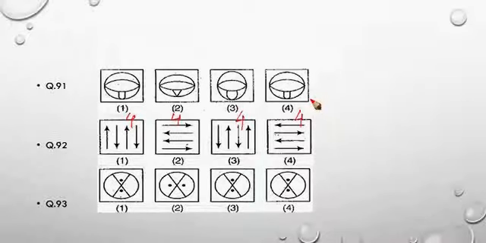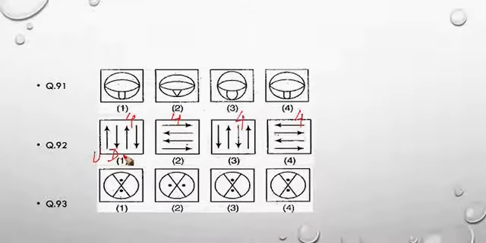So on the basis of the number of arrows, we can't find a difference in any of the options. So let's check the direction of arrows. In option 1, the first arrow is in the upward direction. The next arrow is in the downward direction.